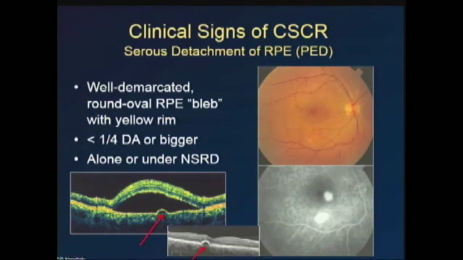On the fluorescein angiogram, what you see is an area that hyperfluoresces early and increases in fluorescence but does not increase in size, and is not associated with any leakage or fuzziness around it. This is because the fluid remains very well sequestered under the RPE.